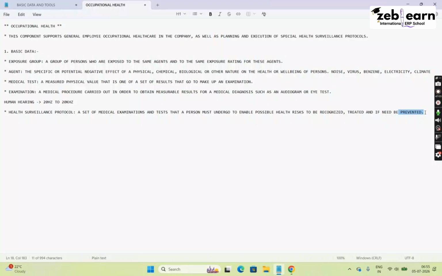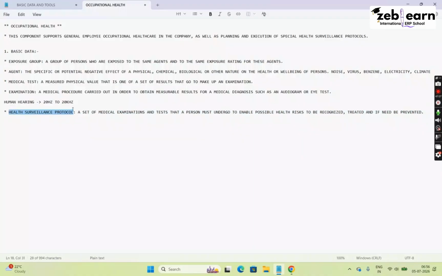And that is exactly what they are saying here in the definition also. A set of medical examinations and tests that a person must undergo, it's a must, to enable possible health risks to be recognized, treated, and if need be prevented. So the other word, this health surveillance protocol is a SAP word, SAP terminology.